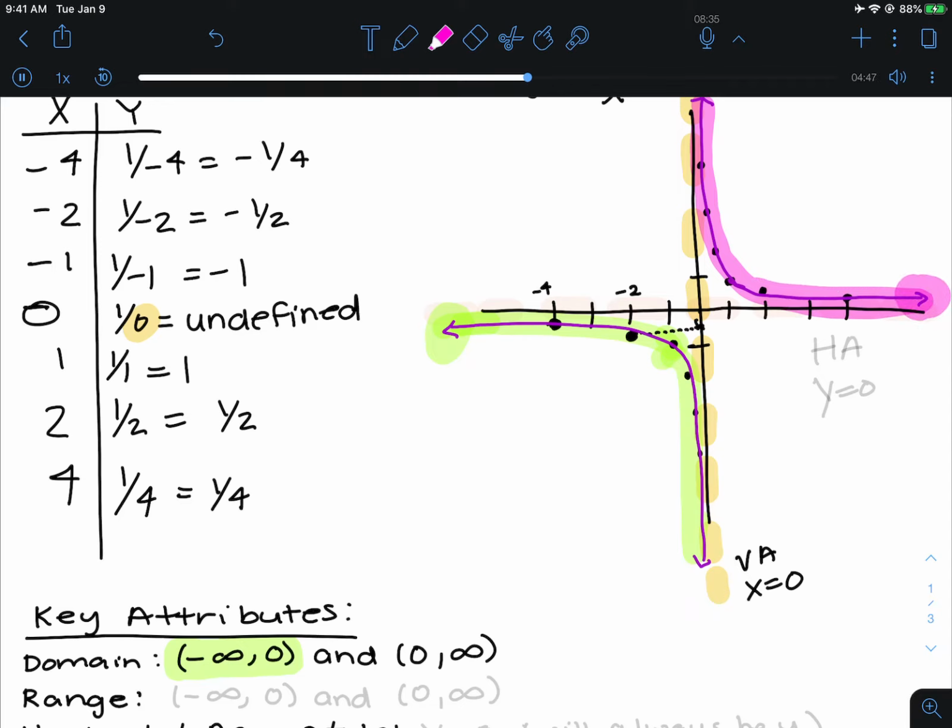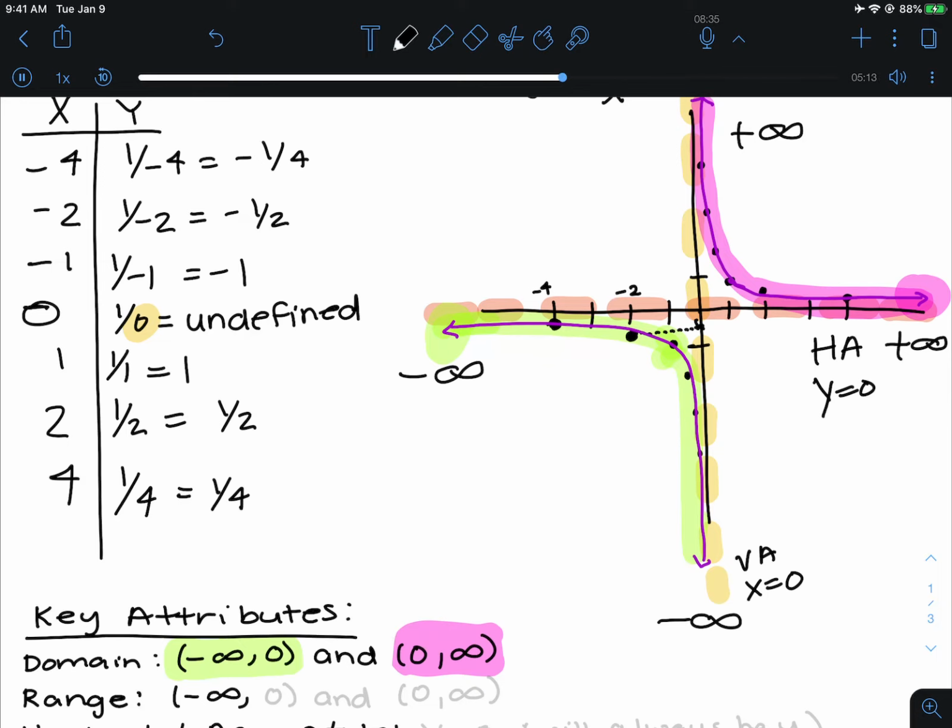Okay, and so then we go on with the range. It goes from the bottom to the top. So the range is going to be from -infinity because you have an arrow there, and you're going to go all the way to the top to that asymptote, which is going to be at 0 as well, but this one is going to be horizontal. So that right there is going to be a horizontal asymptote at y equals 0, because this is the range.